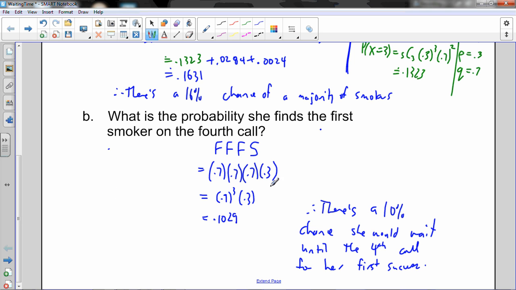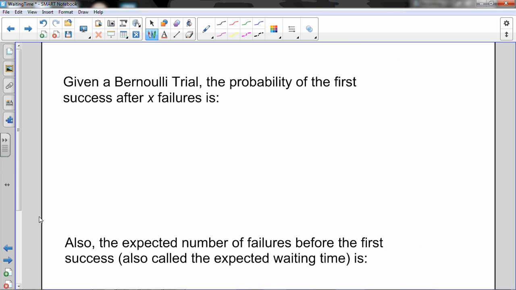And this idea of waiting for a success, that's this new distribution, the geometric distribution, called the waiting time distribution. So given a Bernoulli trial, we want the probability of the first success after X failures, where X is the number of failures before success, not the number of successes.